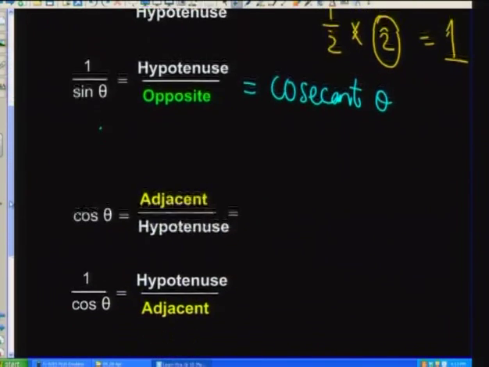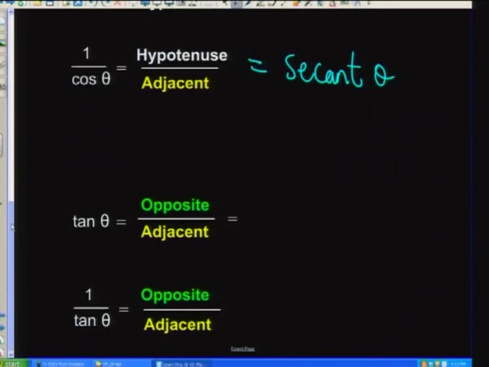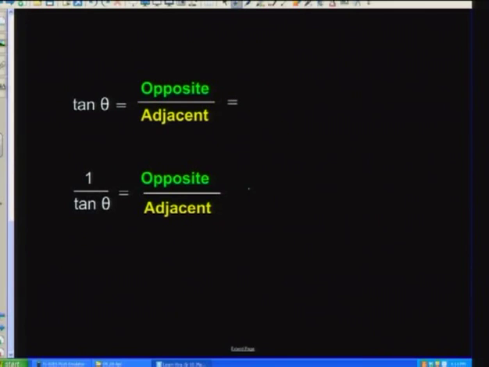Okay. Cos, this is reciprocal. Also a new name, it's called the secant of theta. And these you have to memorize because they are definitions, they are standard definitions. And the reciprocal of tan would be the cotangent of theta. Okay.